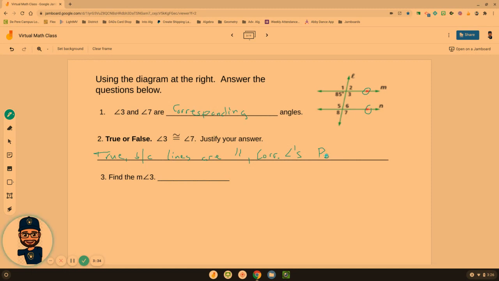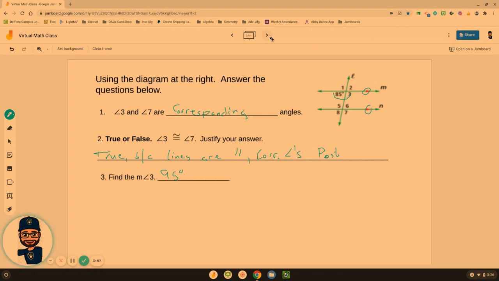As long as I know the 2 lines are parallel, I know the corresponding angles are congruent. What's the measure of angle 3? Well, these 2 right here, 85 and angle 3, have to total 180. Therefore, angle 3 would have to be 95 degrees. If you're confused on any of those, please make sure to reach out and ask.